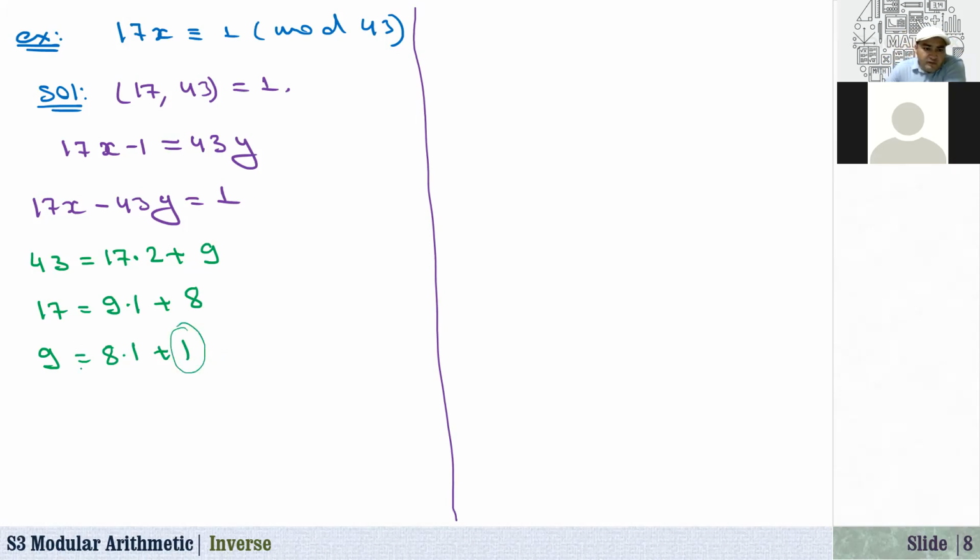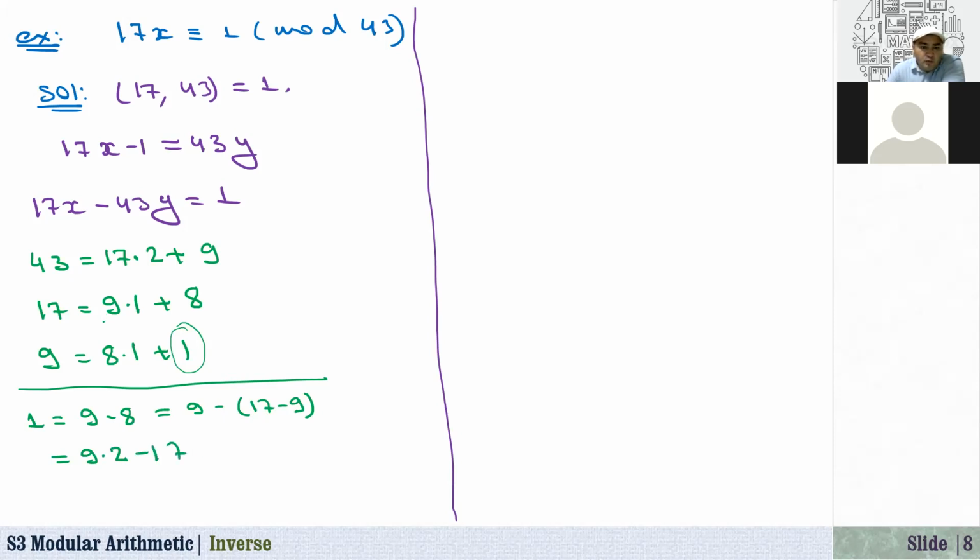Now, if you move in the reverse order from here, what is 1? 1 is equal to 9 minus 8. And what is 8? 8 is 17 minus 9. So 9 minus 17 minus 9. Let me simplify this: minus minus plus, so it is 9 times 2 minus 17.